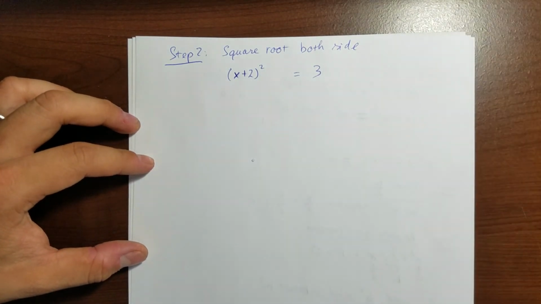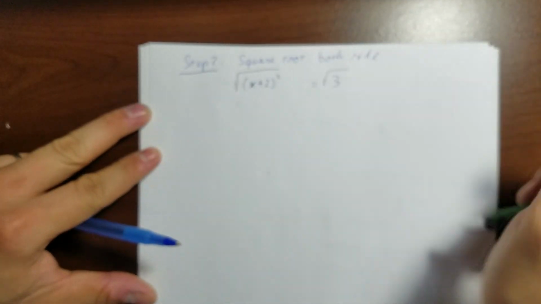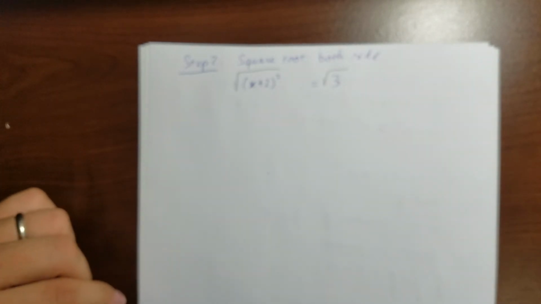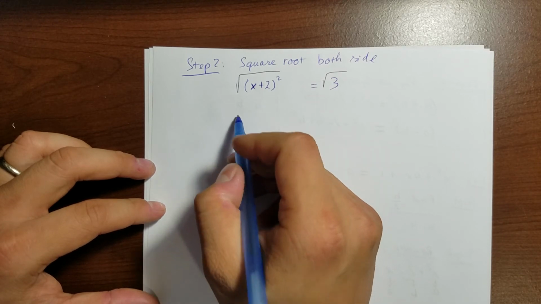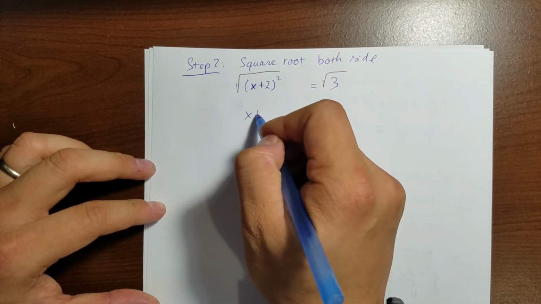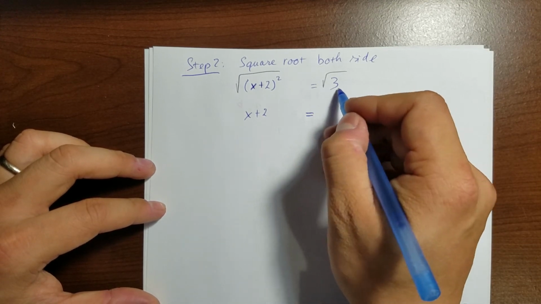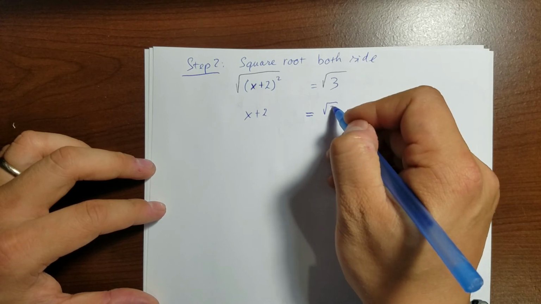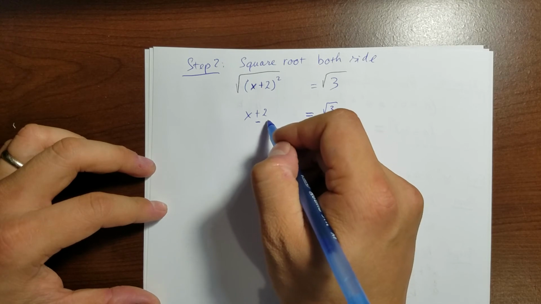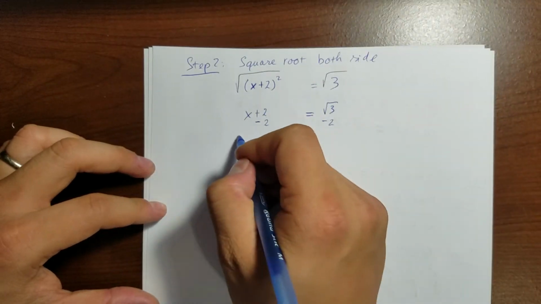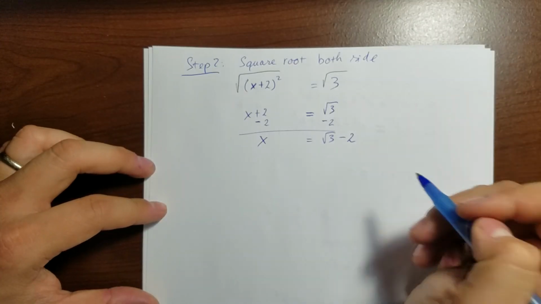So with that in mind, let's square root that. The square root of a square gives you just itself. The square root of 3 can give you a nasty number, therefore we just keep it. Then you move the other constant by subtracting 2. That's going to be x equal to square root of 3 minus 2.